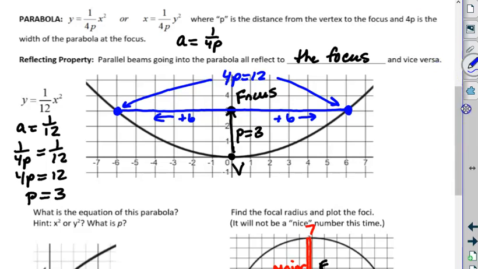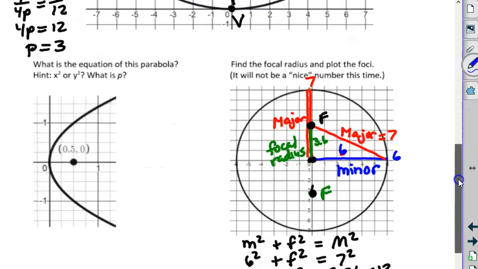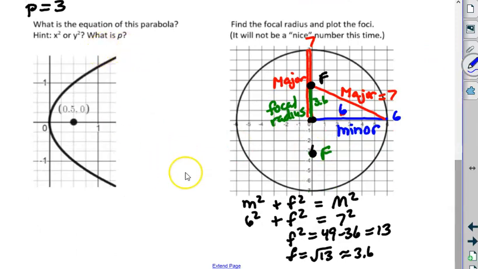So let's look at an example of one that we've seen before. In the previous examples, we said, okay, here's the vertex at 0, 0, it's opening in the x direction, so this is a y squared, so it's x equals something times y squared. If we go +1, the first stretch we go is +1/2. So that means this has to be 1/2.